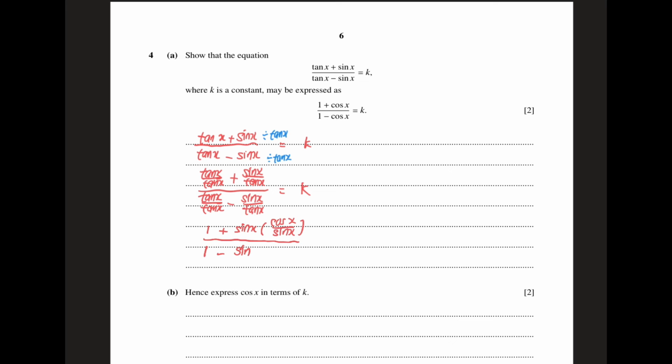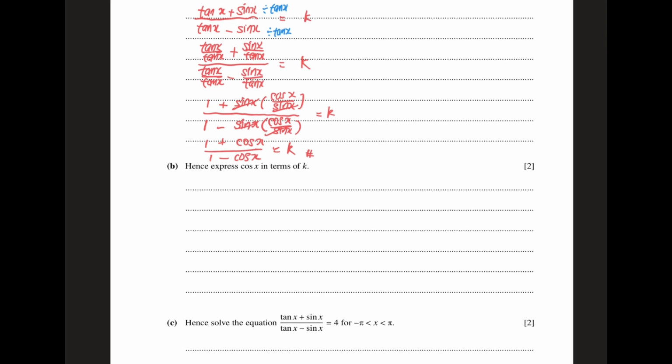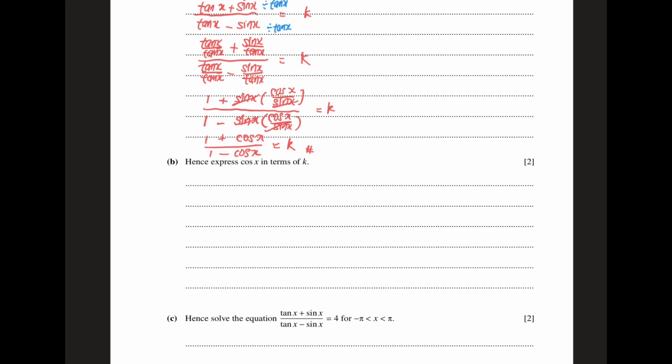Sine over tangent is sine multiplied with cos over sine. Then we can cut the sine. Okay, then we will get (1 plus cos x) over (1 minus cos x) equal to k. So we get what we're supposed to show, and then we continue.